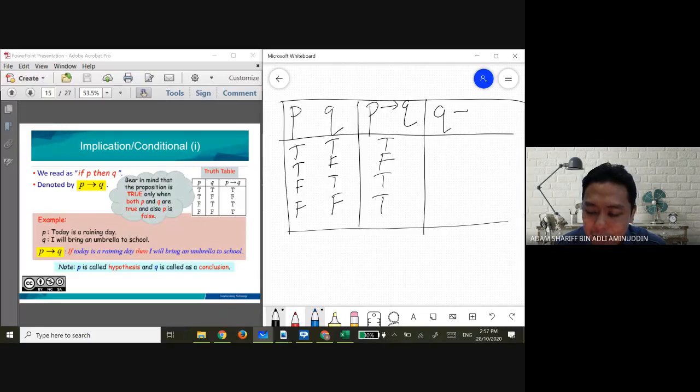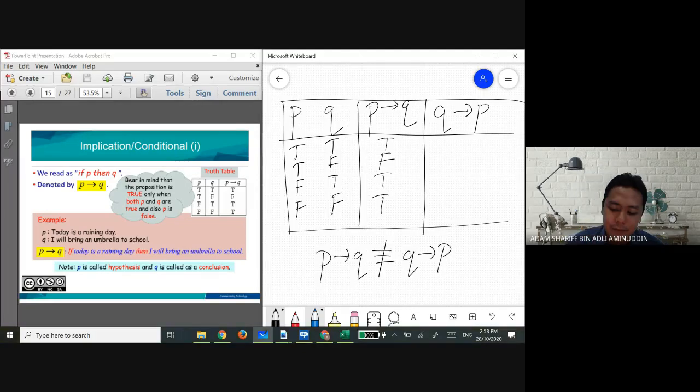What is Q implies P? First of all, P implies Q is not the same. It's not logically equivalent with Q implies P. Guarantee. Because it is direction sensitive. How to develop Q implies P here? You don't read from left to right, but actually from this table it is from right to left.